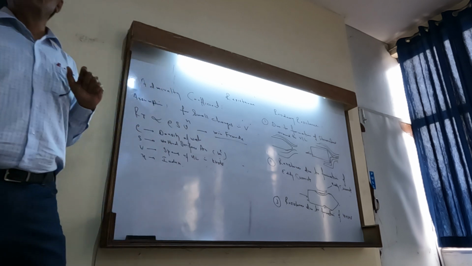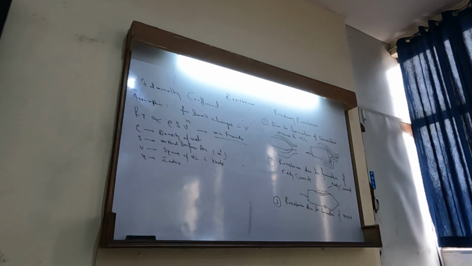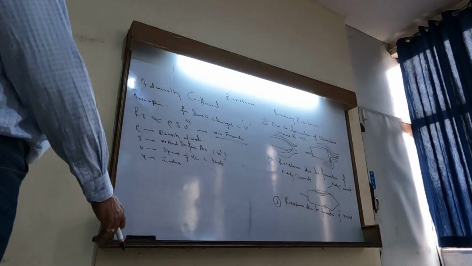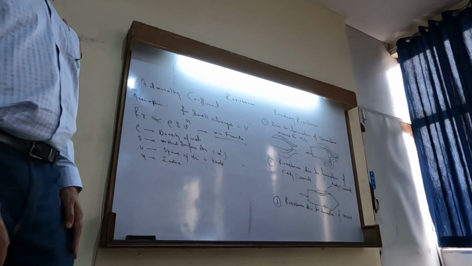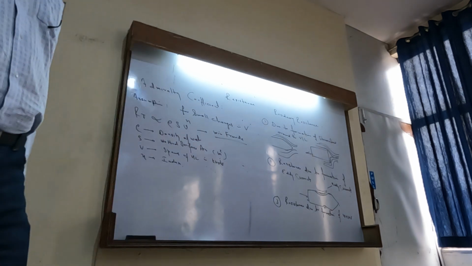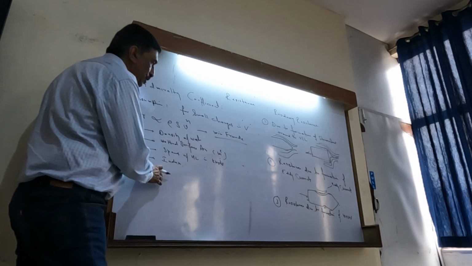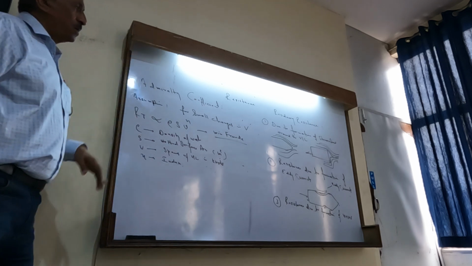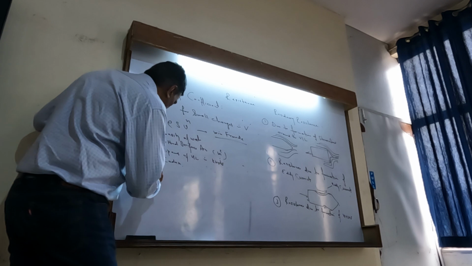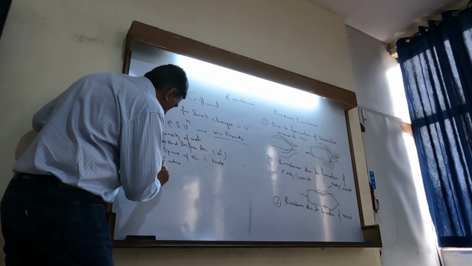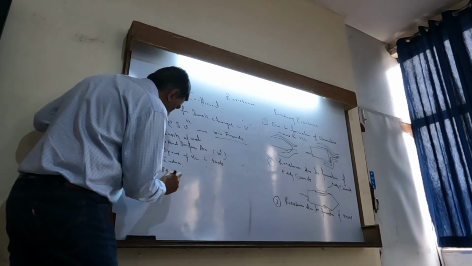Normally, for slow speed, the value of n is 1.825.